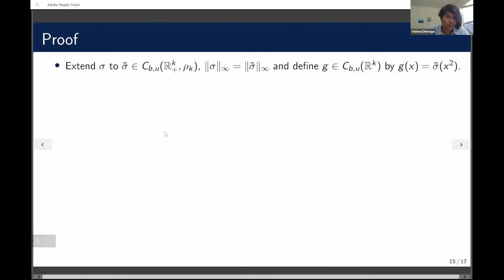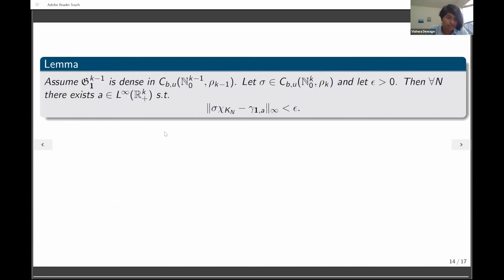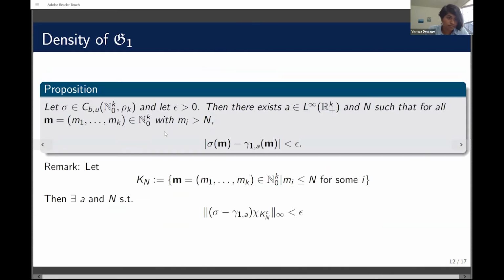Now, to prove this proposition, given epsilon and sigma in CBU, we need to find n and a such that we have control when m is in Kn complement.